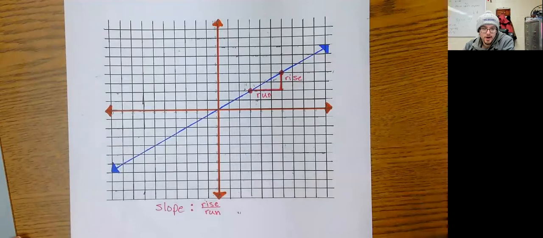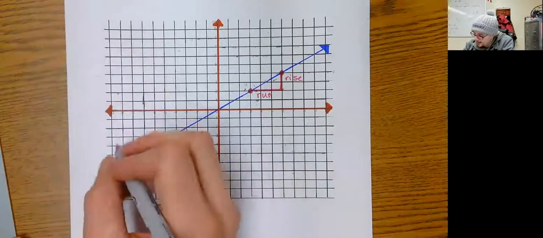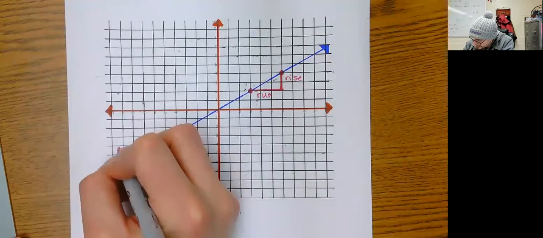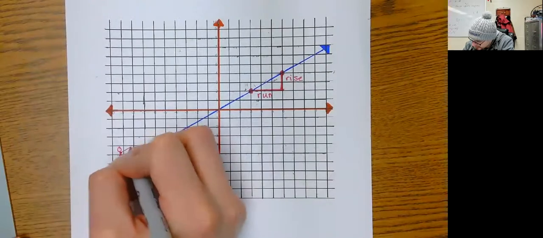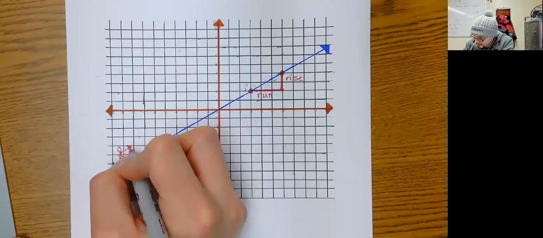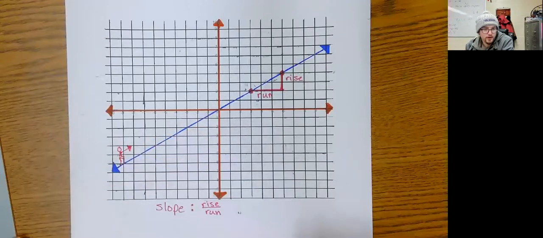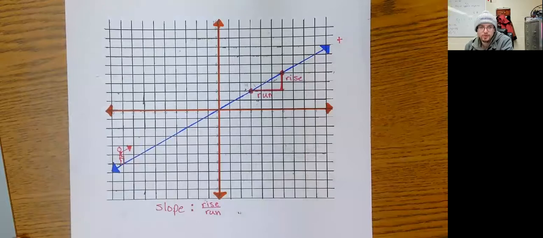Now this is a positive slope because how I think about this is, first off, you always start on the left side, and I envision it as a guy that needs to walk up this hill. All right, so you got to walk up it. It's a positive slope. All right, and I envision it as a ramp. You got to walk up this ramp.